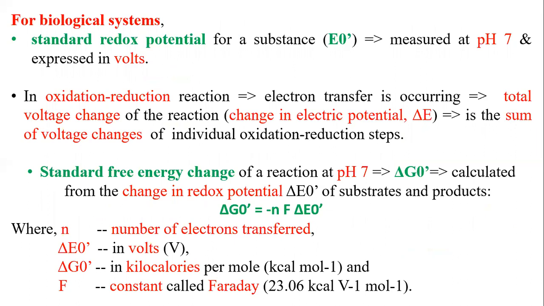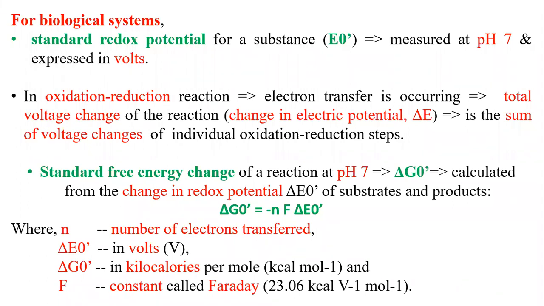In oxidation reduction reaction, electron transfer is occurring as total voltage change of the reaction, that is change in electrical potential delta E, is the sum of voltage changes of individual oxidation reduction steps. Standard free energy change of a reaction at pH 7, known as delta G naught, is calculated from the change in redox potential delta E naught of substrates and products.